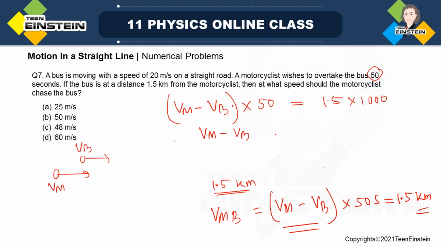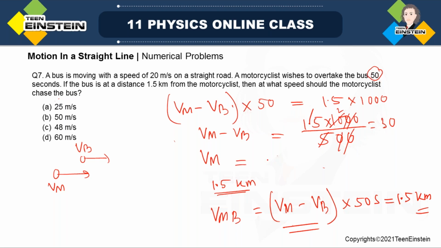Now, Vm minus Vb is equal to 1.5 into 1000 divided by 50. If you just remove this point, this will come here. So this is 30.